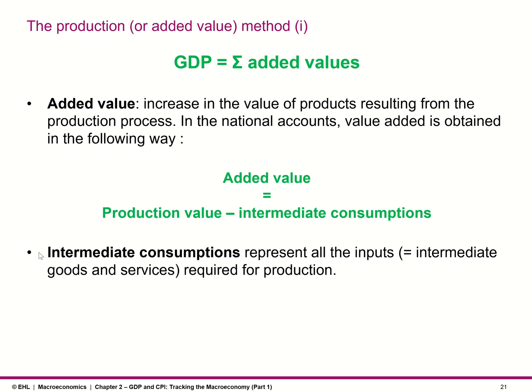Intermediate consumptions is defined by all the inputs, all the goods and services required for the production of the firm. As you see, intermediate consumptions deals only with goods and services that are needed to produce what the firm is producing. We do not take into account here labor, for instance, or capital services. It's just about the goods and services that are required for production.